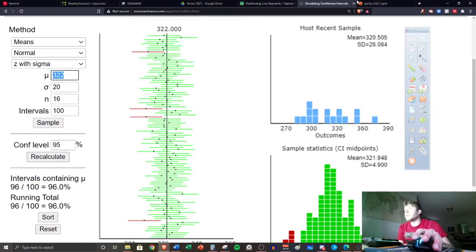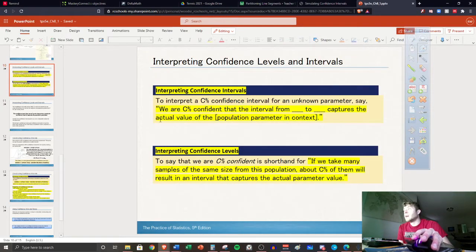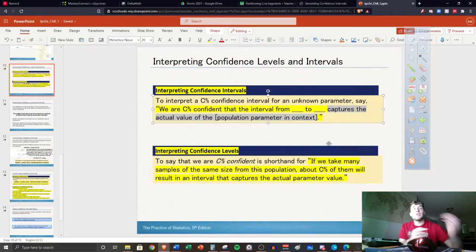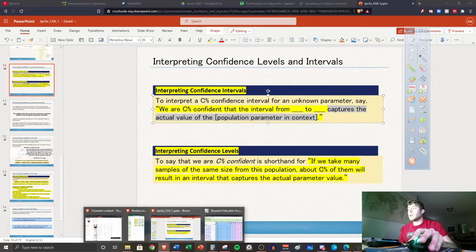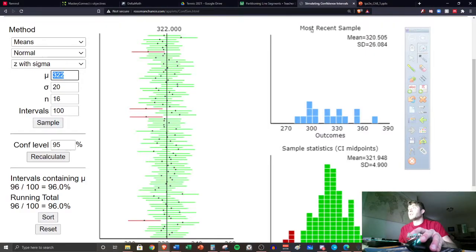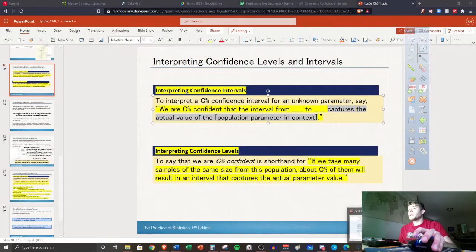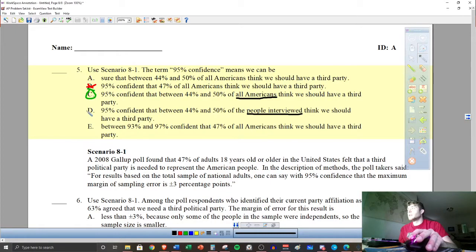If we go back to our definition right here, we're interested in capturing the true population parameter, or the mystery mean, right? Here they're interested in the population proportion, right? We're talking about percents. So that's the difference here between those answers. We're interested in the percentages. So it wasn't this one.